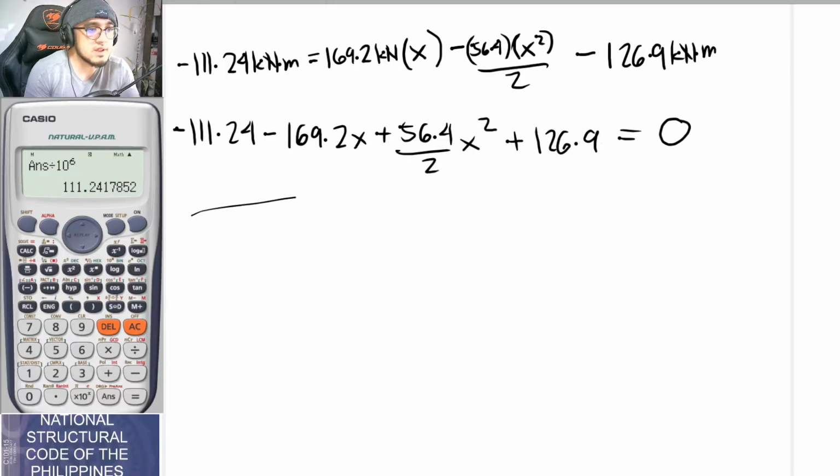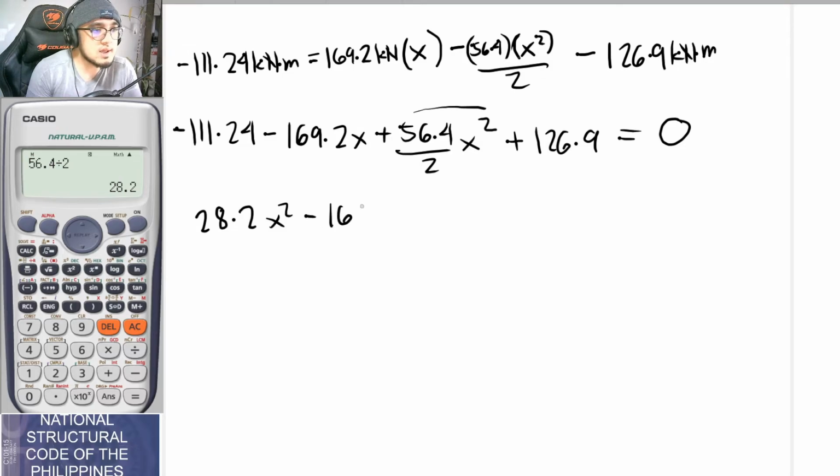Simplifying this equation, this is actually a quadratic equation. So 56.4 divided by 2 is 28.2x squared. I just simplified this. So minus 169.2x.